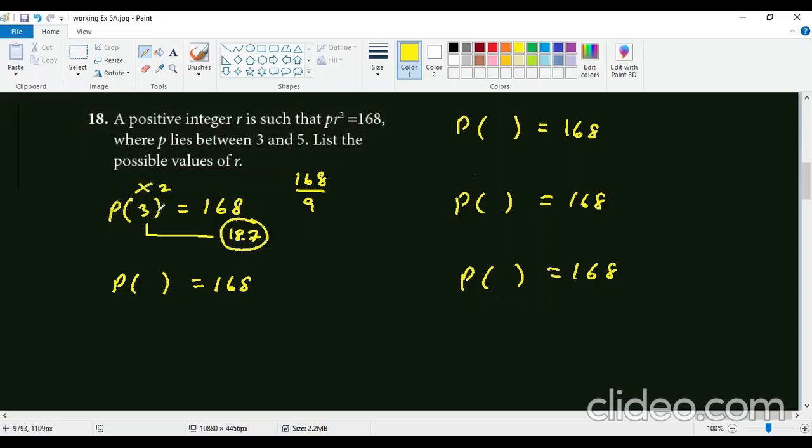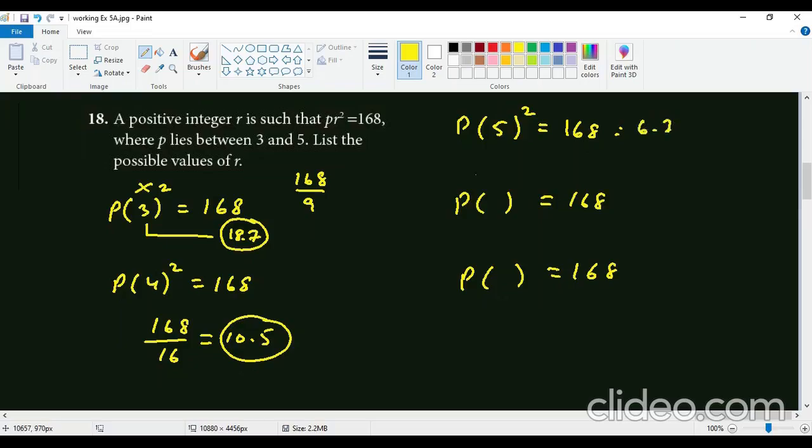Now, for example, 4 square means 168 divided by 16. 168 divided by 16 is going to give us 10.5, which we don't want. So you can see it's inversely proportional. As the numbers are increasing, the value of p is going down. So I am going to use 5 square. That means 168 divided by 25 is going to give us 6.72.